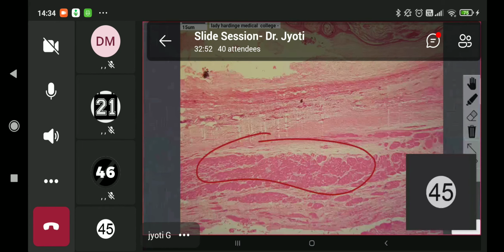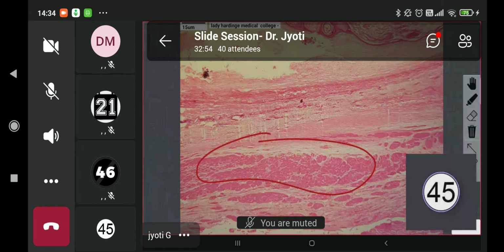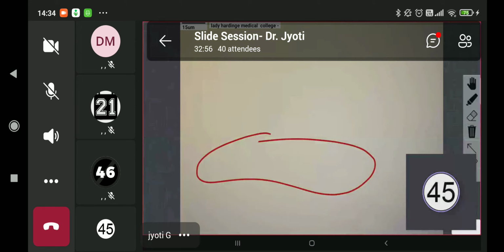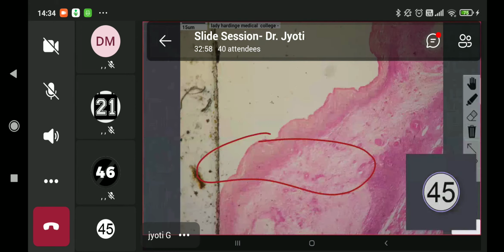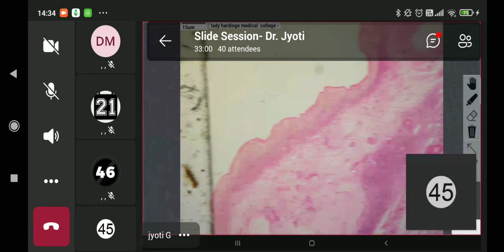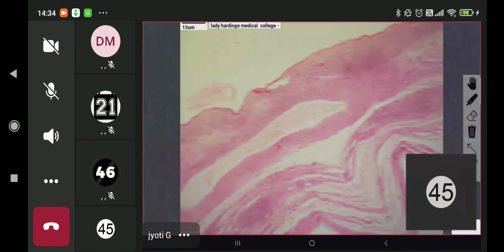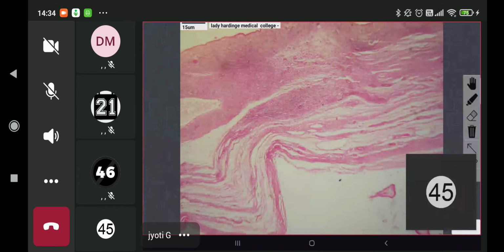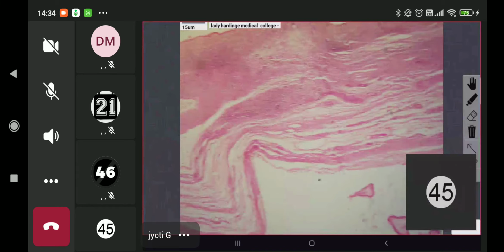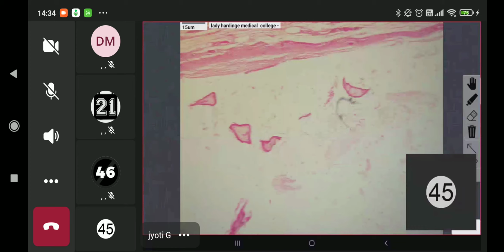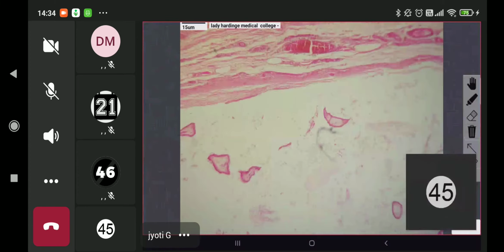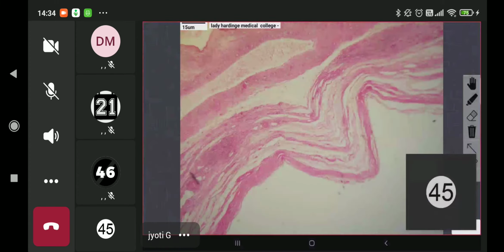Oh, good. So this was a slide of teratoma. Now I'm showing you a special type of germ cell tumor, a specialized type of teratoma in which you are seeing tissue derived only from one germ cell layer, that is the ectoderm, as you had rightly said, which is dermoid cyst. So in this, you will only be seeing skin-like tissue.